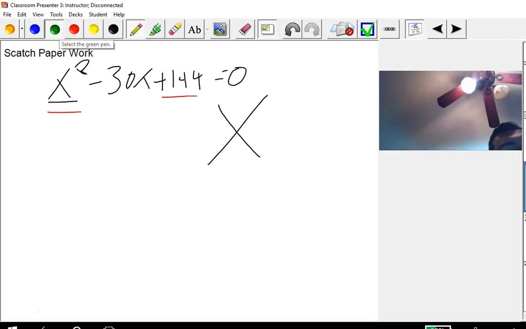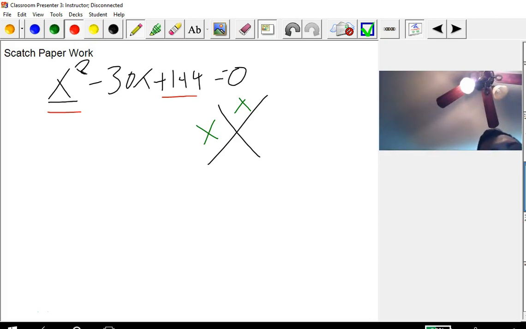We find two values that multiply to the first term, which is pretty simple. It's just x and x, or negative x and negative x, but that's not important right now. And then the next term we have is 144. Now, here's where it gets a little tricky. Since there's no coefficient on this side, we don't have to worry about this side as much.